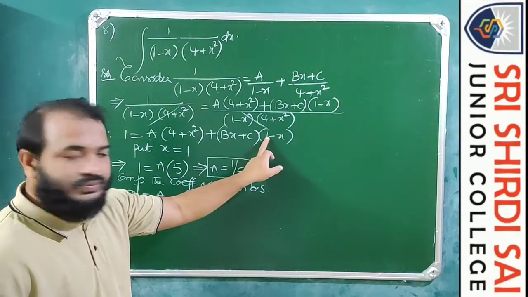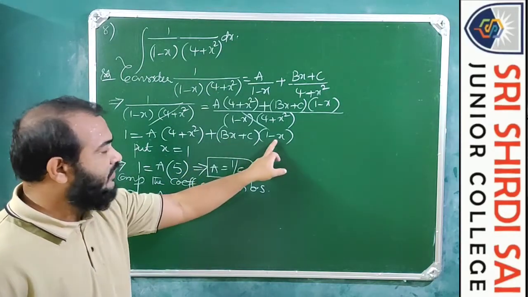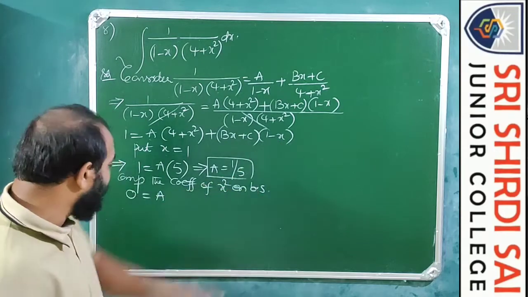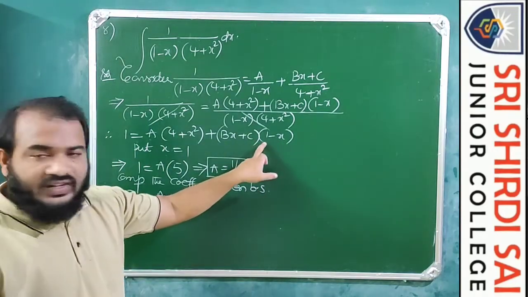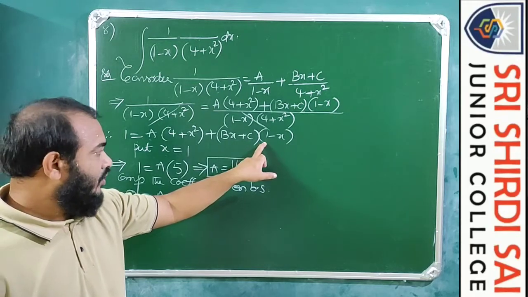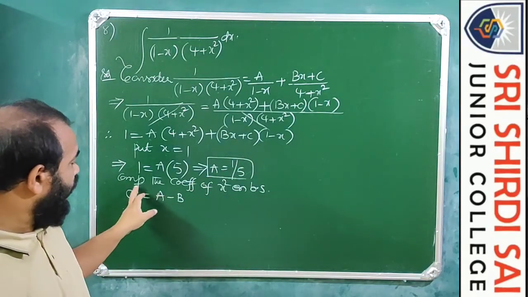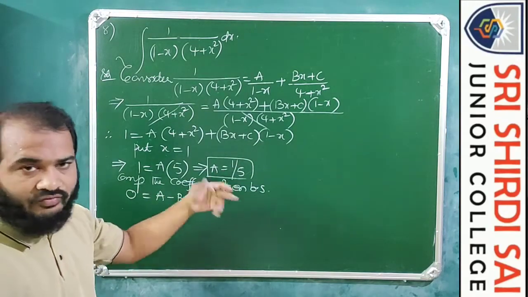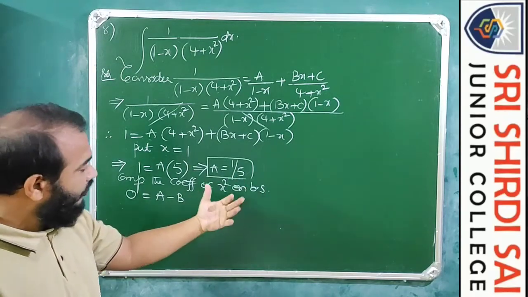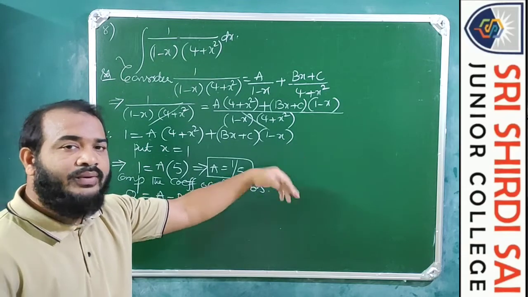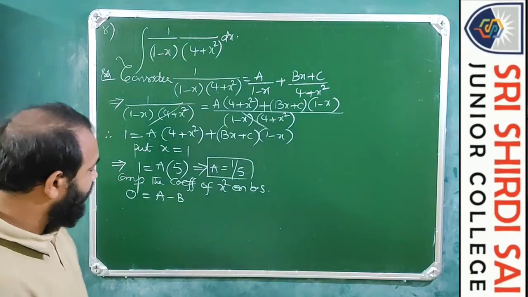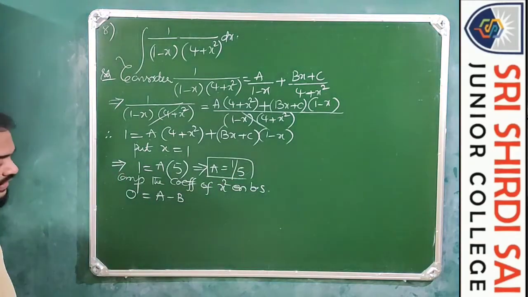Bx into 1 is bx, bx into minus x is minus bx square, so the x square coefficient is minus b. C into 1 is c, which is a constant, and since we are comparing the coefficient of x square, we ignore that. C into minus x is minus cx, so it will be the x term.